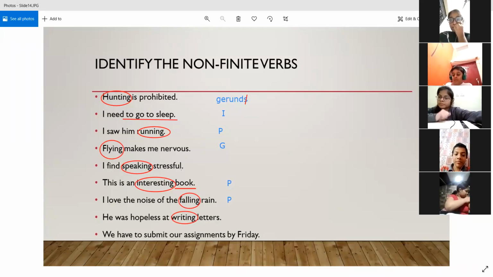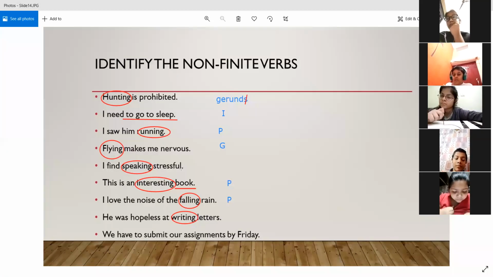When it is modifying a verb, an adjective, or an adverb itself. So over here, we can't find anything as such that writing is modifying any other verb or being used for any adjective. We are just getting to know his condition, what situation he was hopeless at. So at writing letters, he was hopeless. So it is actually playing the role of a noun.